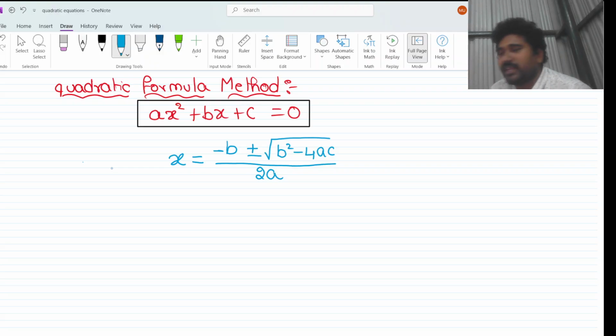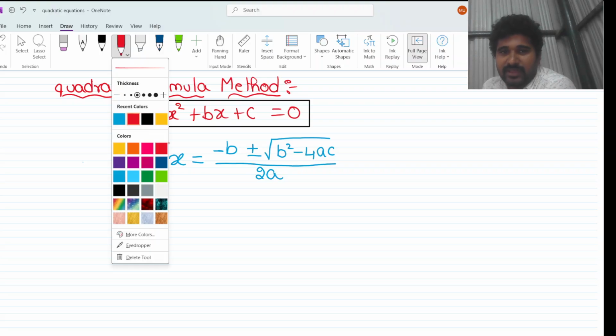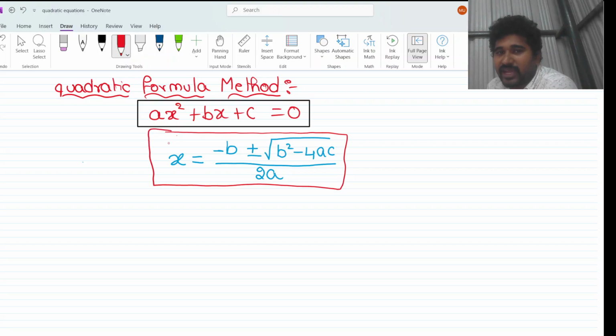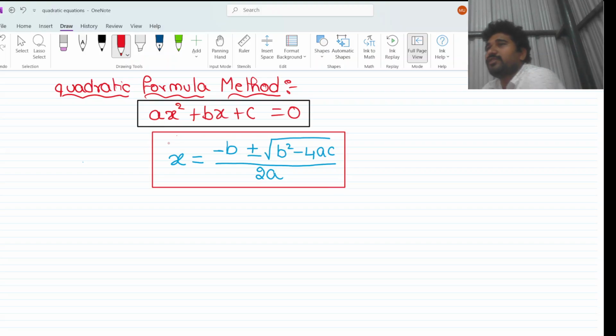Understand what the formula is? Repeat: minus b plus or minus root of b square minus 4ac by 2a, total divided. Is that clear? So what is the formula? Can you repeat one more time? X is equal to minus b plus or minus root of b square minus 4ac by 2a.